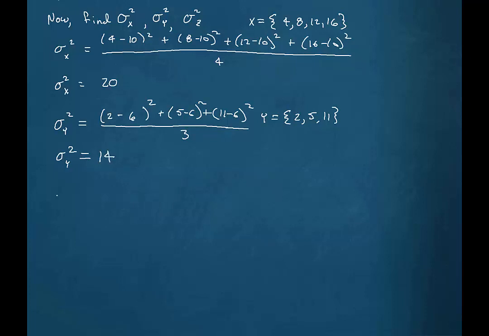Okay, now let's find the variance for the set Z, which was, again, the differences between the x values and the y values. And let's go back and remember what that set Z looked like. It was the set of all things that we would come up with if we found these differences between all the possible x values and all the possible y values. And we kept doing that until we got to 16 minus 11.